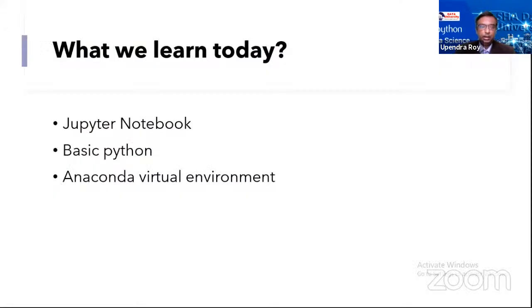What we learned last time: we installed Anaconda. Today we are going to start with Jupyter Notebook, and then we'll start with the basics of Python, and after that we will check an advanced topic, like how we can set up a virtual environment in Anaconda. So let's start.